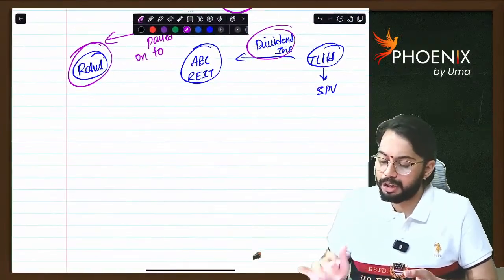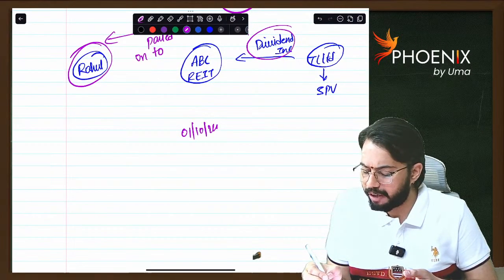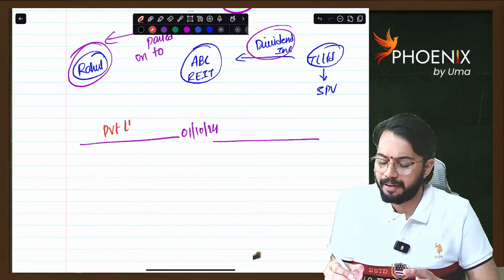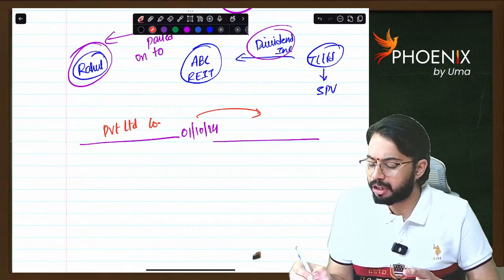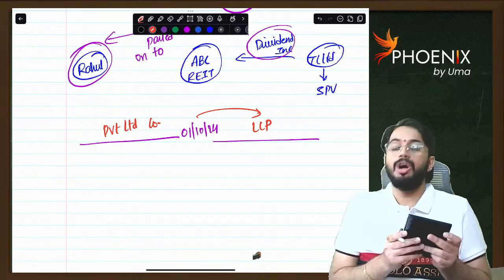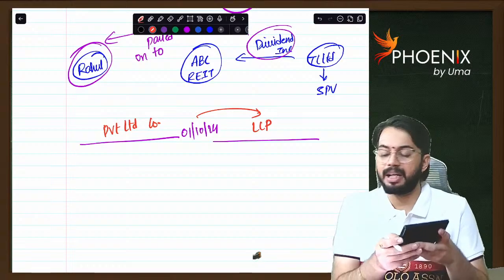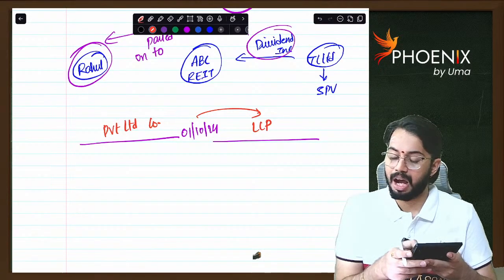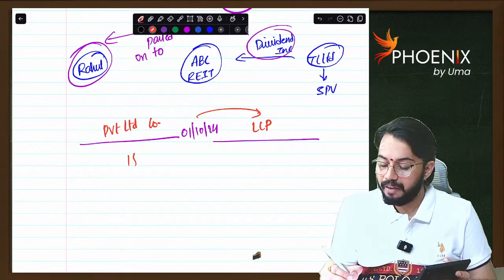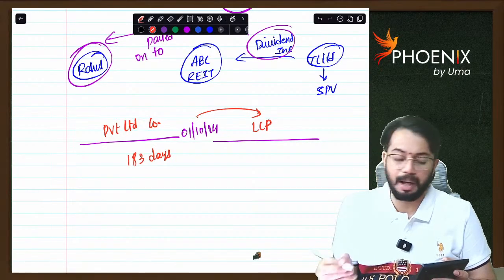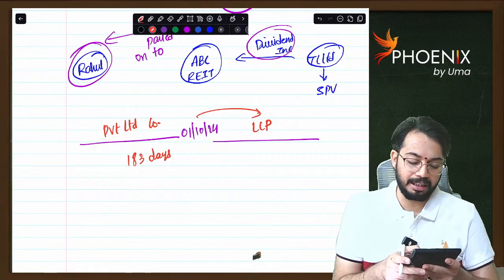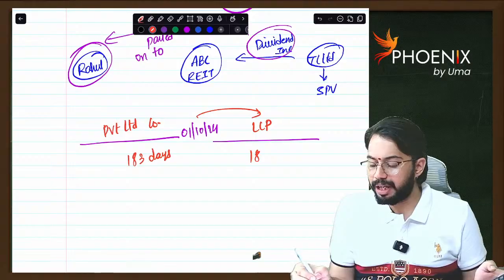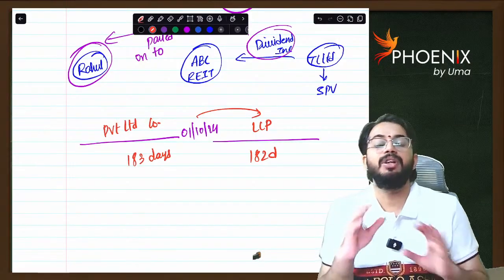Conversion took place on 1st October 2024. That means before 1st October 2024, it is the private limited company, and on or after 1st October 2024, the LLP. So how many days are assets used by the private limited company? April 30 days, May 31, June 30, July 31, August 31, September 30. 183 days are used by the private limited company, and 365 minus 183, 182 days, are used by the LLP.